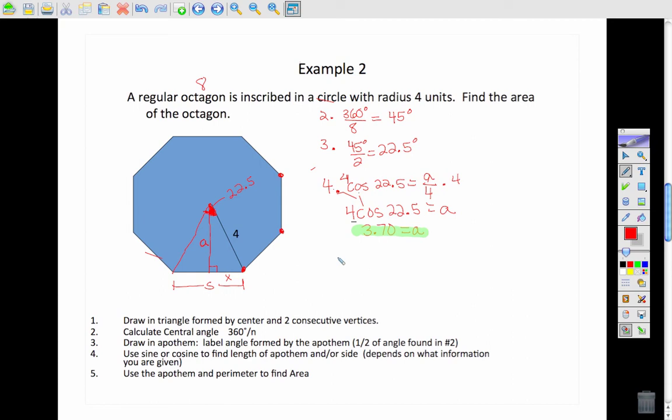Okay, now we need our perimeter, so we need to find x. I'm going to use the same 22.5, but since x is opposite it, I'm going to use the sine. So sine of 22.5 equals opposite over hypotenuse. 4 times the sine of 22.5 is equal to 1.53.